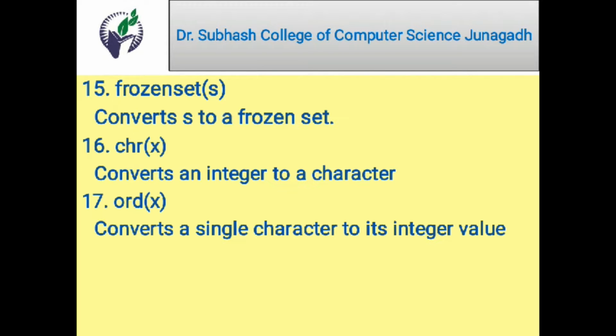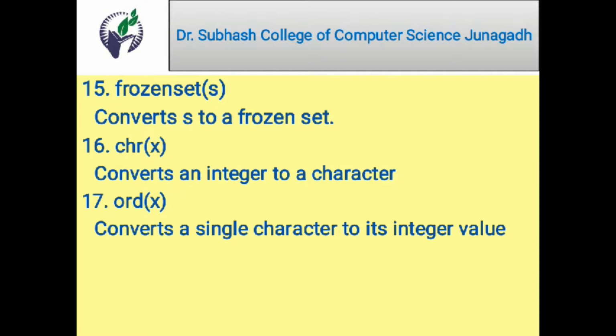Next is the frozenset. You know, we are not able to change a frozenset. chr(x) converts an integer to a character, actually an ASCII or Unicode value equivalent to a single character. If we give an integer, the equivalent character associated with x will be the outcome, a single character.